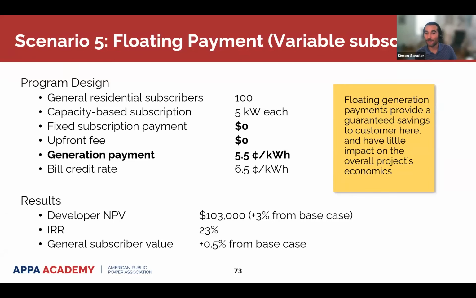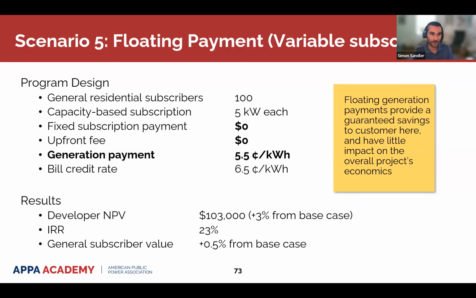Because if they pay 5.5 cents per kilowatt hour, but they receive a bill credit of 6.5 cents, you're saying no matter what, every single month, however much they pay, they're going to receive a net positive of 1 cent per kilowatt hour. And so this gives this floating generation payment, which is a variable subscription, right? How much they pay varies each month or annually. It allows them to know they're going to be guaranteed that it's a good investment financially, theoretically, but also they will be paying a different amount each month.